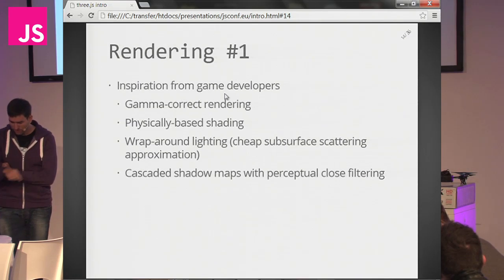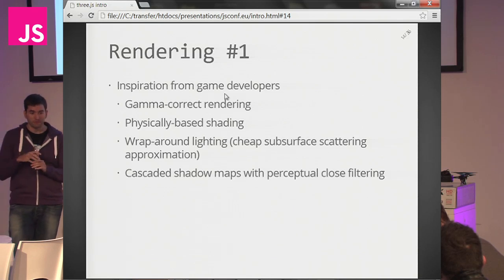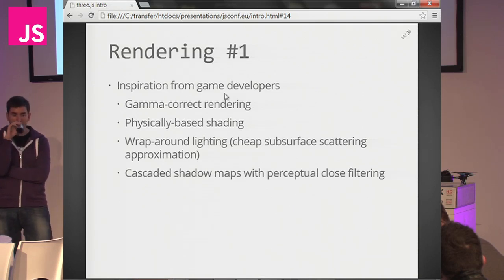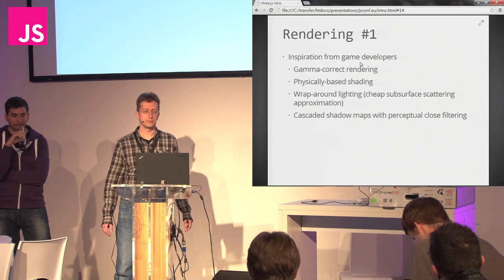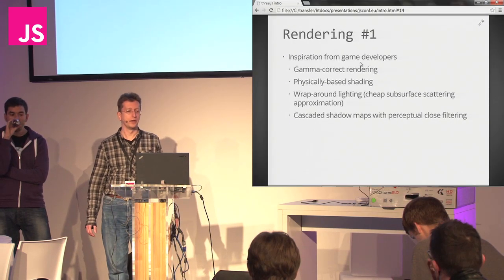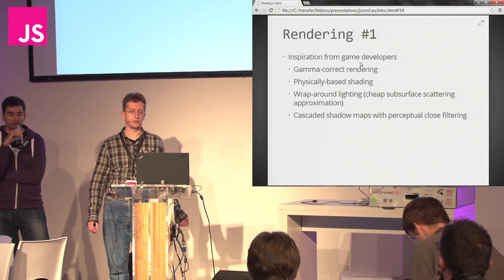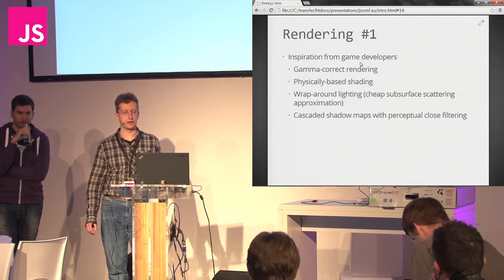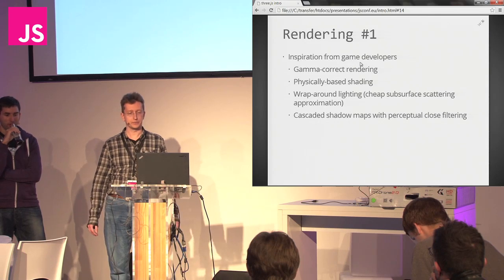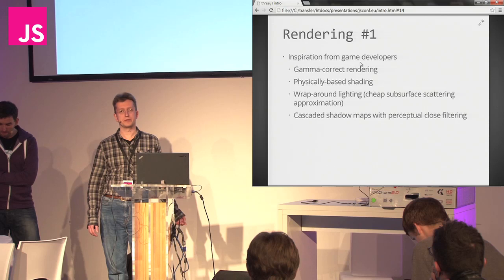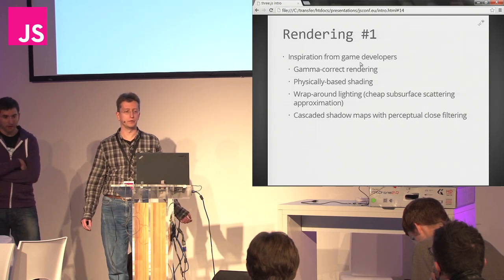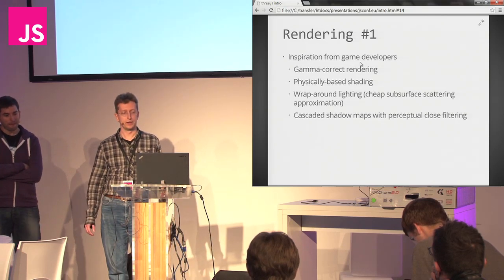We can look to the eternal inspiration for the advancement of computer graphics, which are computer games. So we use some techniques from computer game developers, such as using a gamma-corrected rendering pipeline, replacing ad hoc shading models with more physically based rendering, or, for example, using a nice-looking but cheap to render approximation of subsurface scattering, as used in Half-Life 2, by using wraparound lighting.